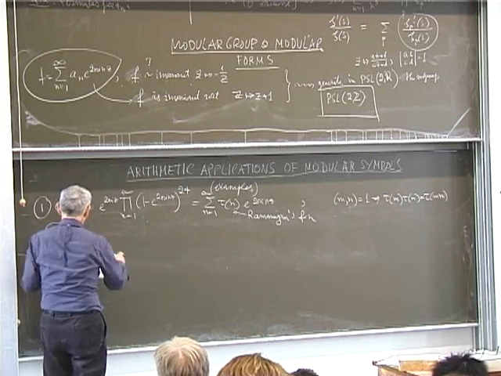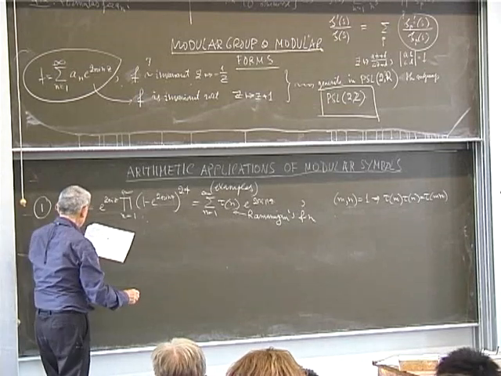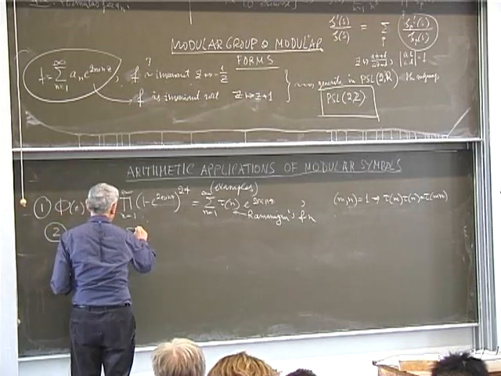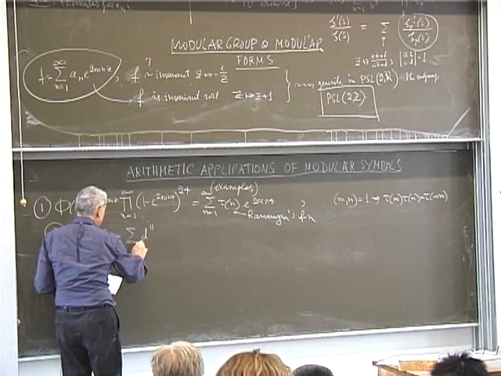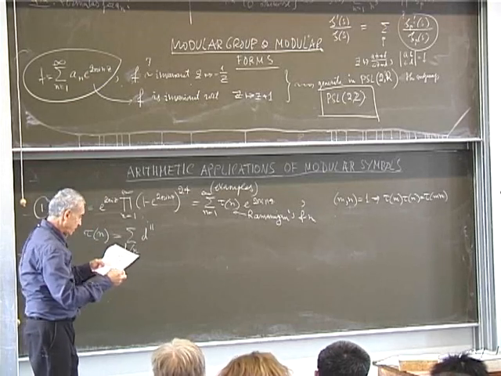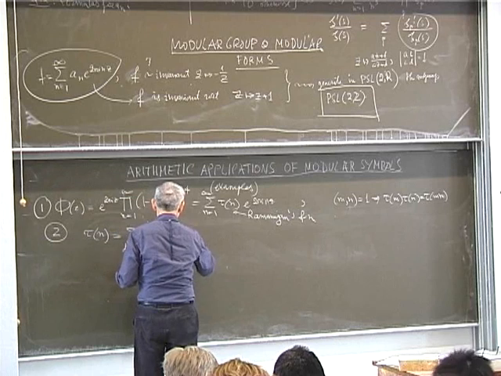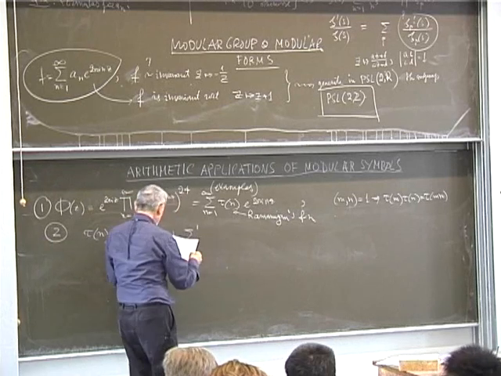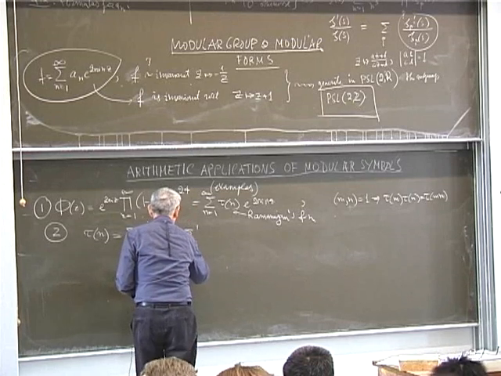So the formula that can be proved using classical modular symbols is just an identity. For every n, tau is equal to the sum of 11th powers of all divisors of n plus additional expression, which essentially is obtained as follows.